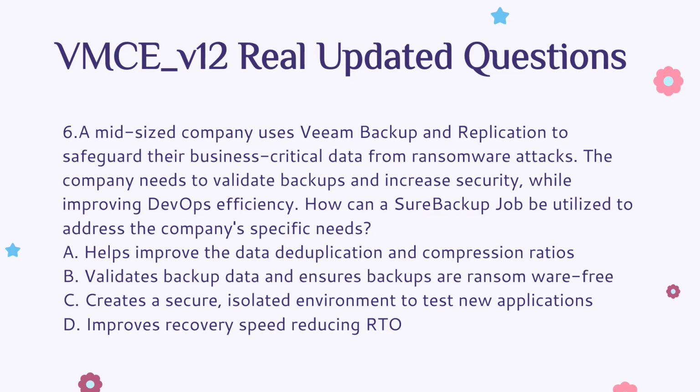A. Helps improve the data deduplication and compression ratios. B. Validates backup data and ensures backups are ransomware-free. C. Creates a secure, isolated environment to test new applications. D. Improves recovery speed, reducing RTO.